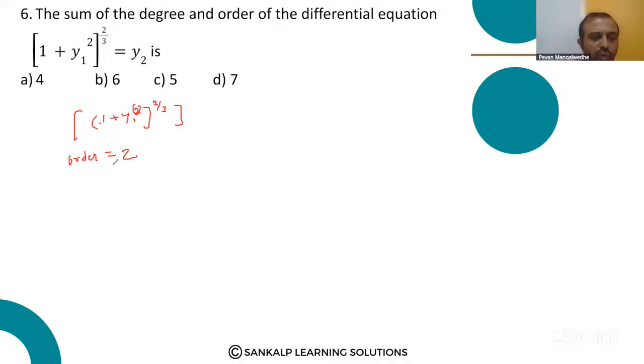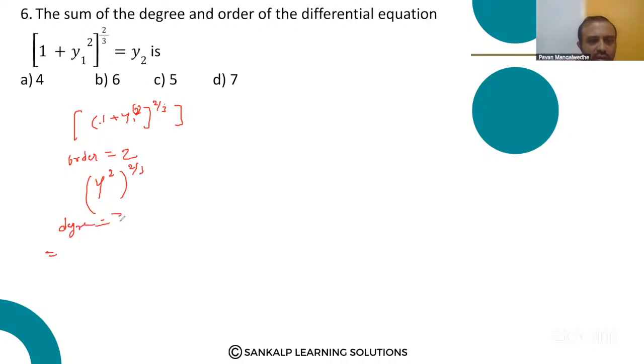So what is the power? When you equate this, the whole to the power 2 by 3, the power of the equation is 3, because it is y to the power 3. So which gives the answer as degree is 3.